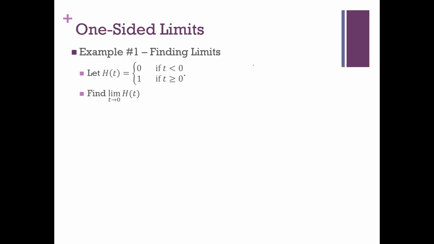If I were to draw a graph of this, and if any of you are electrical engineers in particular, you'll make a lot of use of this. For any negative value, this thing is 0, but not at 0. Starting at 0, the function takes a value of 1.